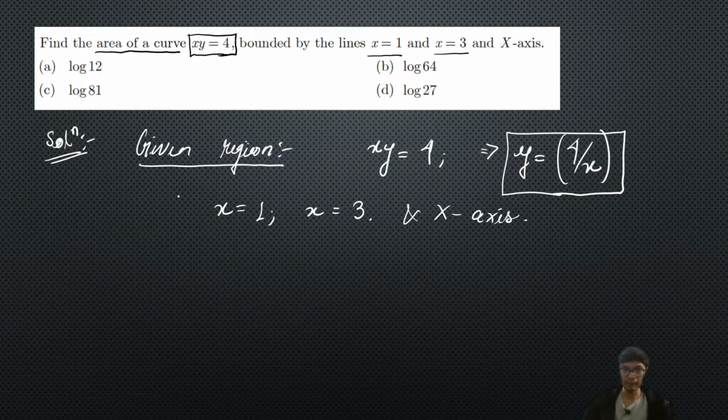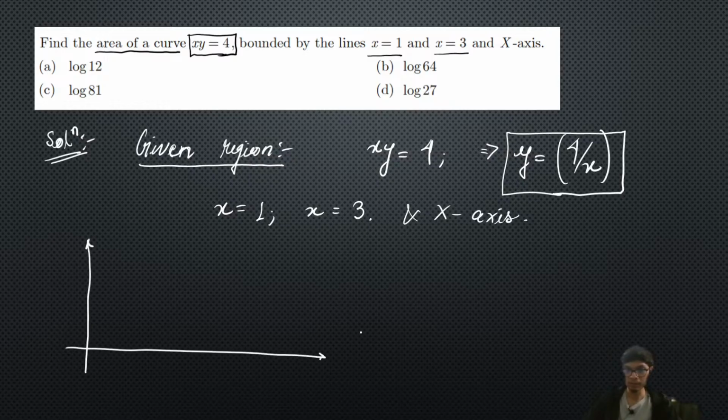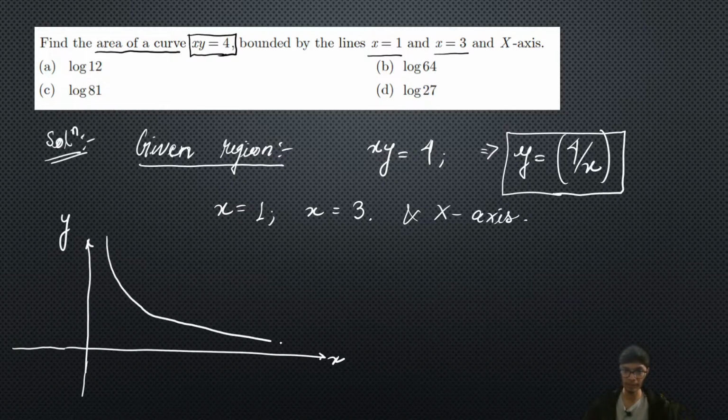Given this type of question, the solution is the same: first of all try to plot the region. So you will plot the region over here. This xy equal to 4 is a rectangular hyperbola. Generally the graph of the rectangular hyperbola looks like this.